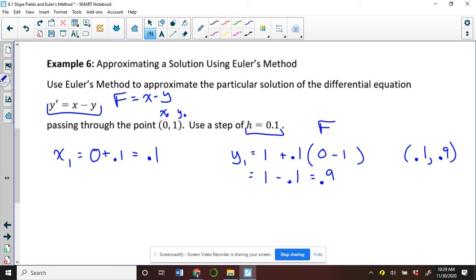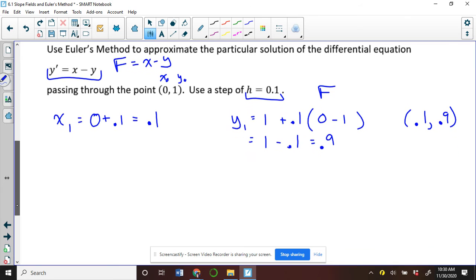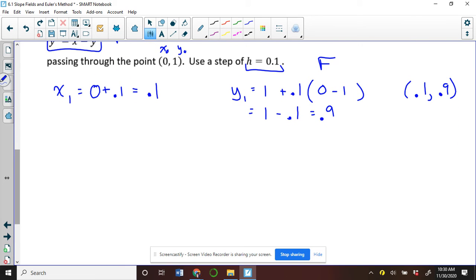That is the next approximated point for our initial equation given the differential equation, or the derivative dy/dx for that equation. So we're approximating the original equation's coordinates based off of the slope of that equation at an initial point.